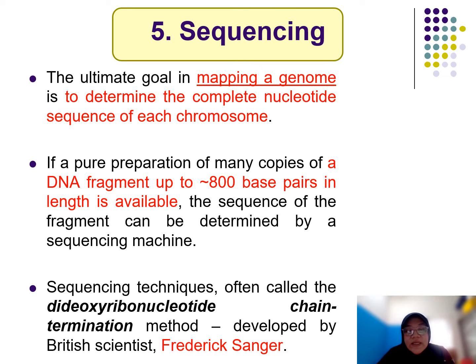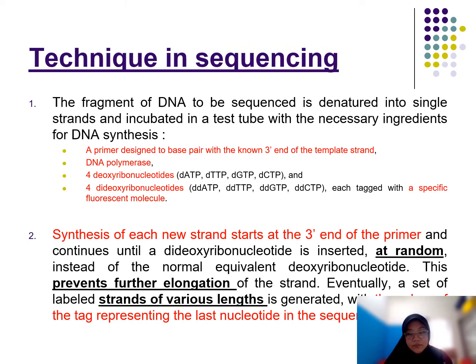Before this we know we have ribonucleotide, we know we have deoxyribonucleotide, but this is the first time for you to hear the term dideoxyribonucleotide. This dideoxyribonucleotide is only mentioned during DNA sequencing. In the sequencing technique, the fragment of DNA to be sequenced is denatured into single strands and incubated in a test tube with the necessary ingredients for DNA synthesis.